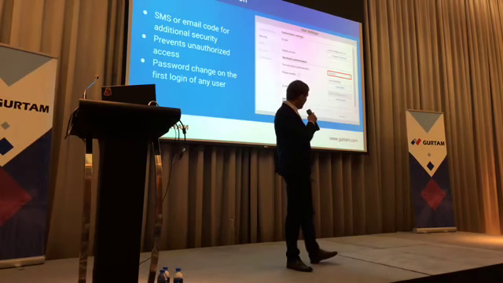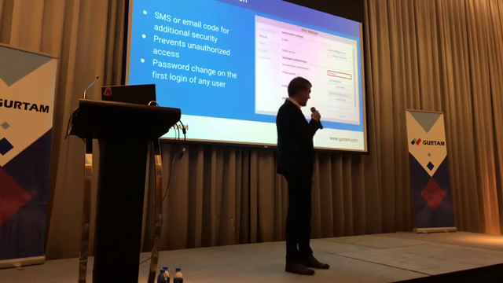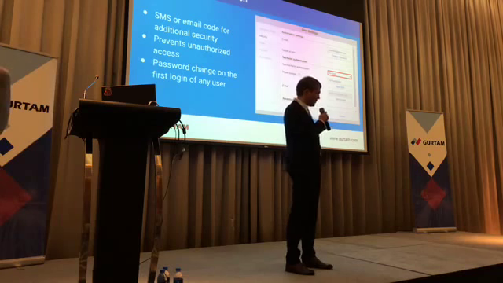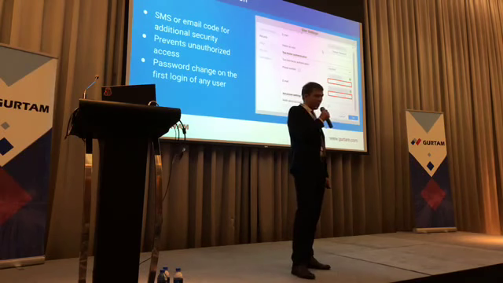So if you enable this feature, a user will have to enter his login, password, and a special one-time code, which can be sent either to the email address or to the mobile phone number that you specify.